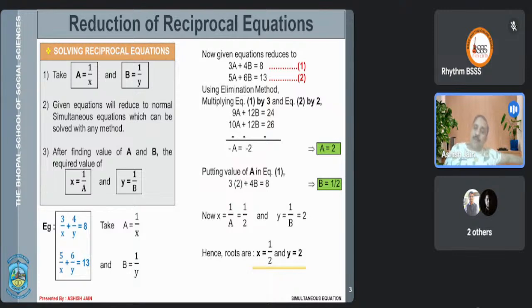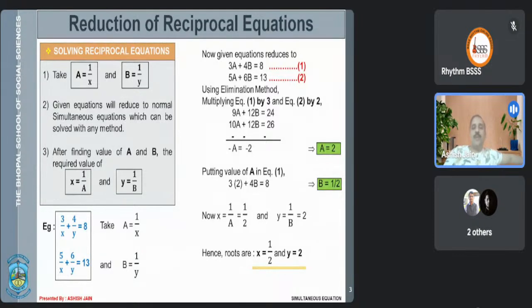Similarly, if you put the value of a in equation 1, you will get a value of capital B as 1 upon 2. Clear? Now, our initial unknown variables were x and y. But here we have found the value of a and b. This is not right. So now, since we have taken a as 1 upon x, whatever a you have calculated, you have to put the value here.